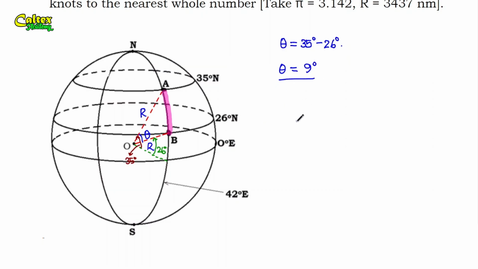So after that, we can quote our formula for getting the length of this arc. Remember this arc, where our upper part here is A, that we can join to the center, and our center here is O, with our theta here, which is 9 degrees. Now this one is the radius of the earth, and we're given the radius of the earth in nautical miles as 3,437.